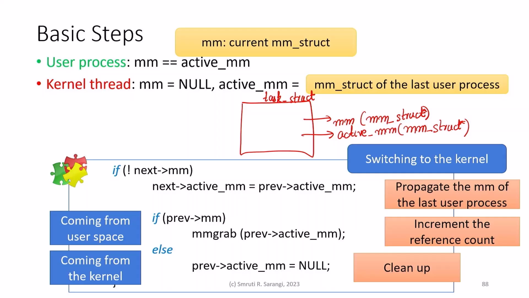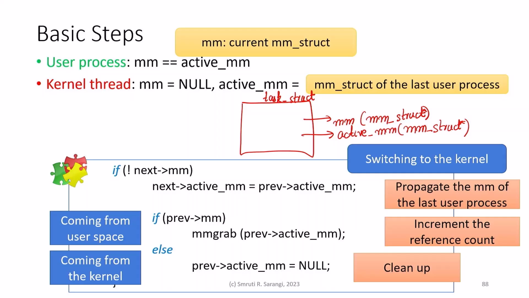If it is an exclusive kernel thread, right? It is not one of those user processes which got temporarily promoted to a kernel thread and you expect it to get demoted soon. It's not like that. But it's a regular kernel thread. Its mm will be null. Because all kernel threads share their virtual address space, right? Because they share a virtual address space, they don't need a separate mm_struct.